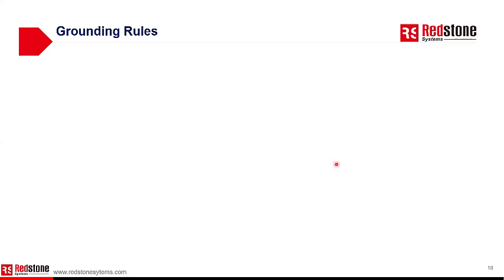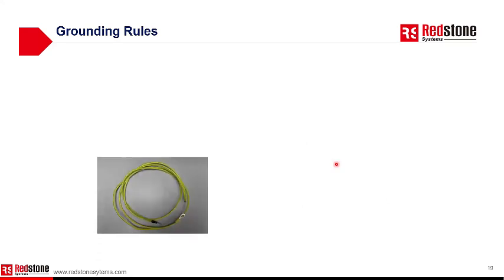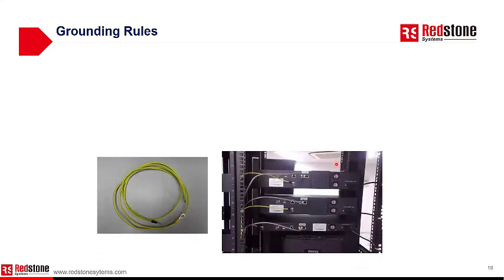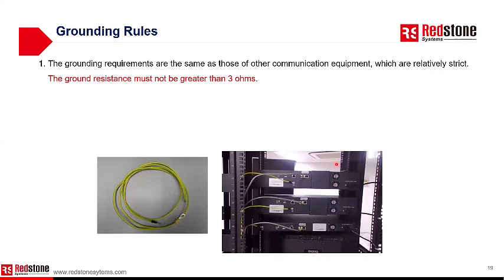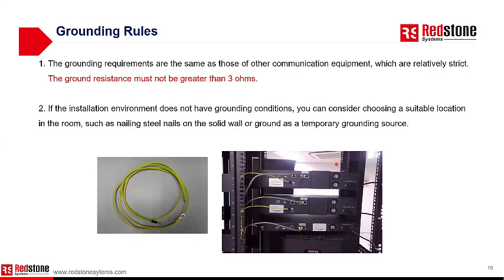With regards to the grounding rules, as I mentioned in the first slides, the ground resistance must not be greater than 3 ohms. In the event that the installation environment does not have grounding conditions, you can consider a suitable location and simply use steel nails, either on the wall or on the ground, to serve as your temporary grounding source.